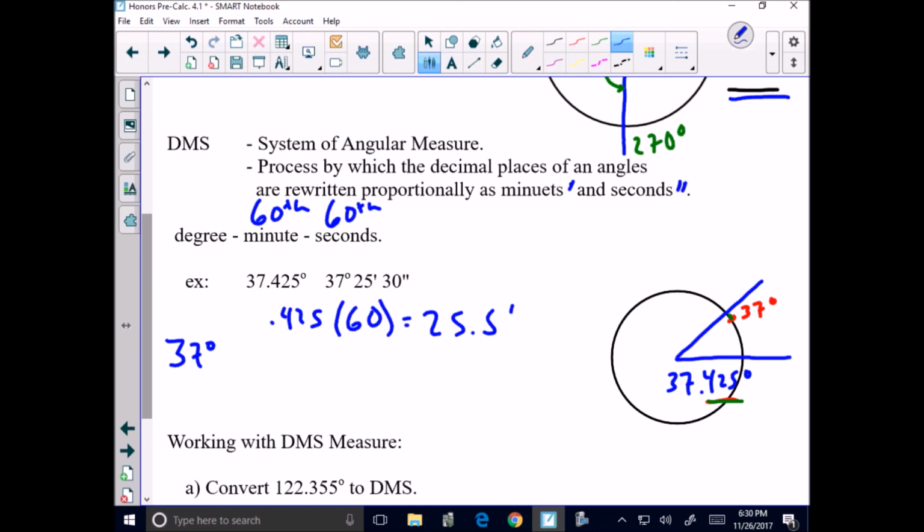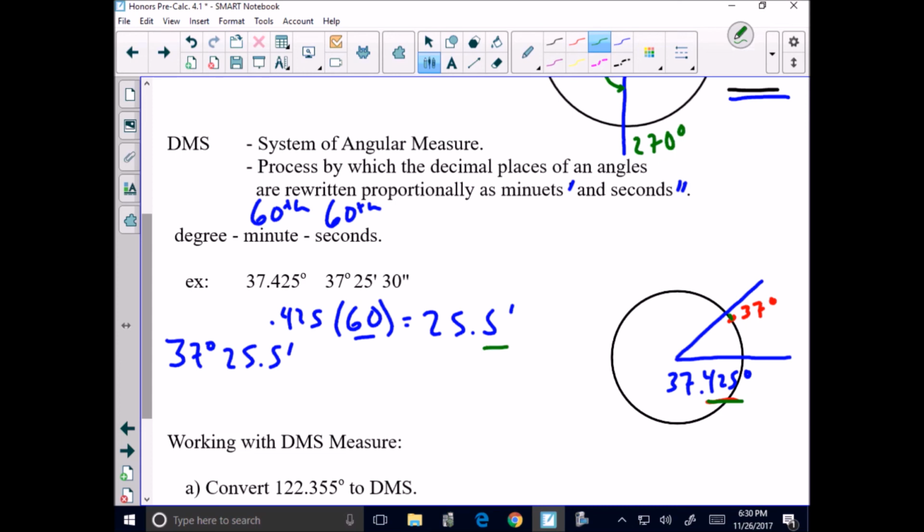And so now we've got 37 degrees and 25.5 minutes. Now that 25.5 minutes is really basically our 0.425 degrees represented as a base of 60, where when we get to all of 60 minutes, we would be at 1 degree, right?